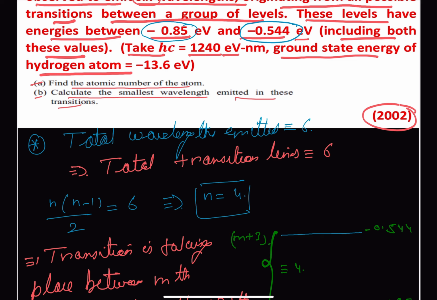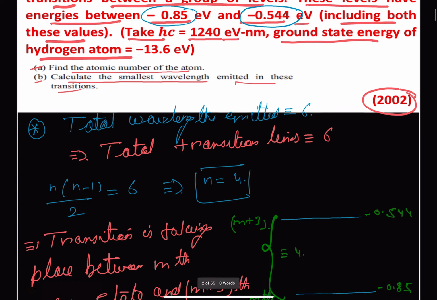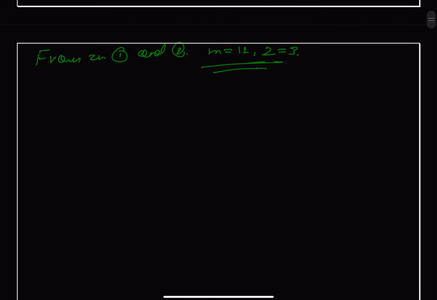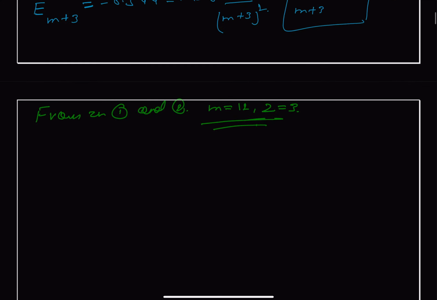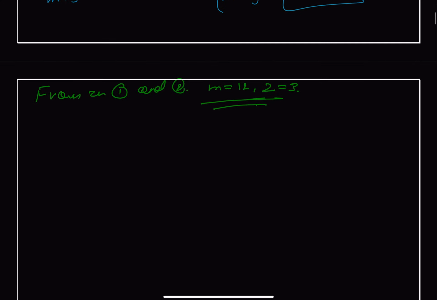Then it states to calculate the smallest wavelength emitted in this transition. We have the m plus 3 level and the m level, and in between there are two more levels, so 1, 2, 3 and 4.